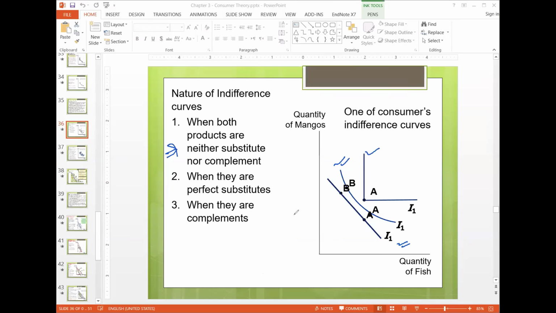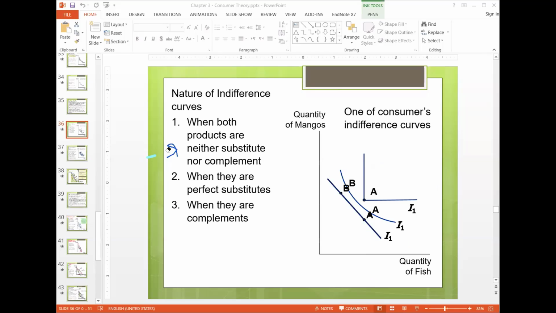When they're complements, we tend to buy the balanced bundle only. For example, a left shoe and right shoe. We like to buy one and one so that it's one set, or two and two, rather than two left shoes and one right shoe. So that's why for complements it's an L shape.